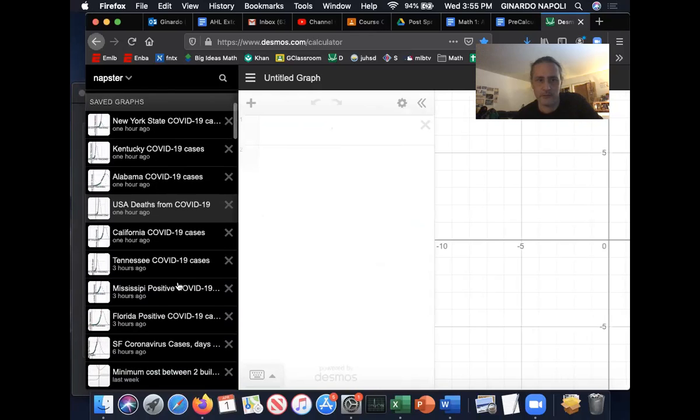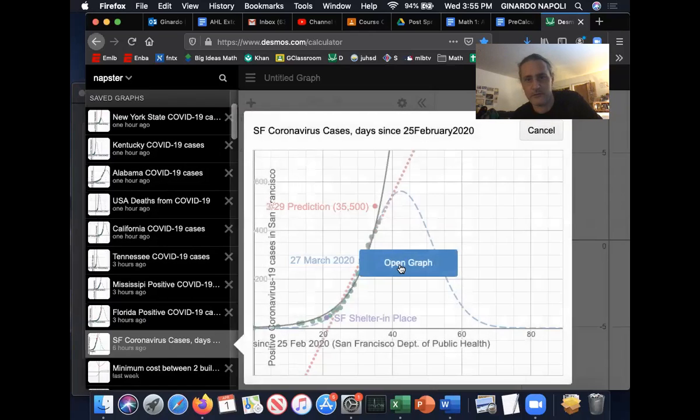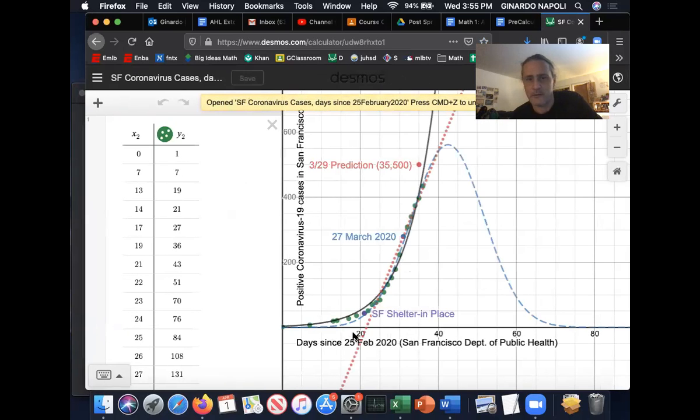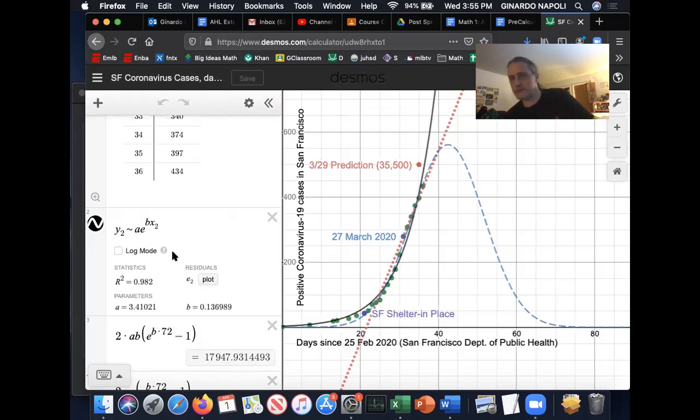I've been looking at SF, Florida, Mississippi, Tennessee, California, USA, deaths, Alabama, Kentucky. If you look at SF's, this exponential is based upon Euler's function. We're going to learn that, you tricksters out there.